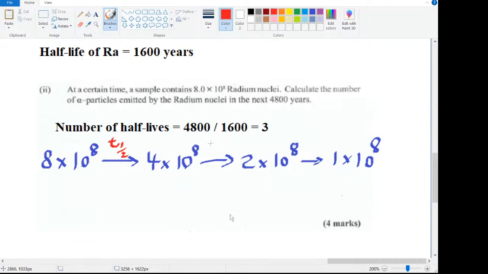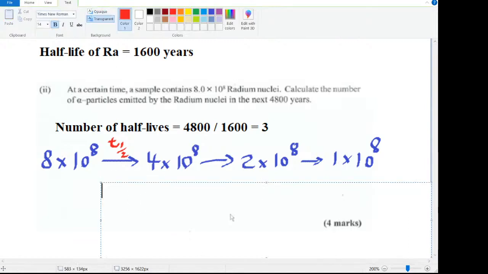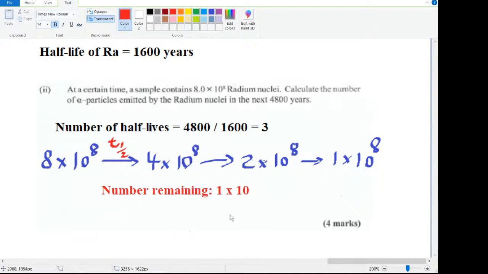What about the number emitted? Calculate the number of alpha particles emitted by the radium nuclei. Okay, so the number remaining will be this. So the number emitted, basically how much was let out, will just be the difference.